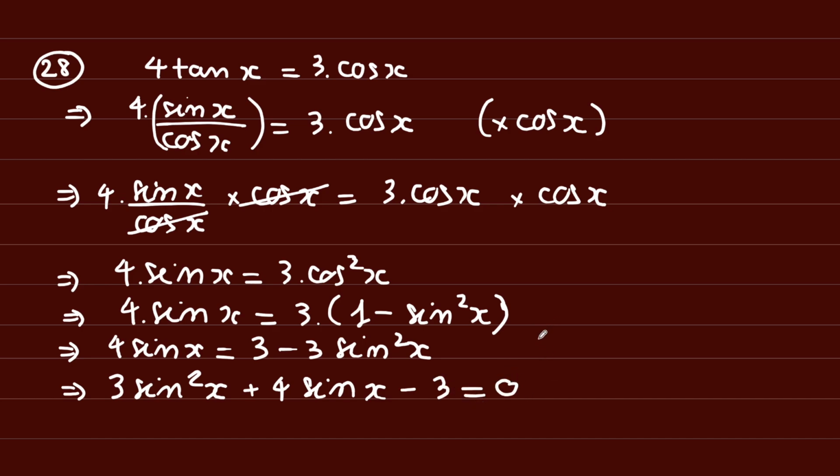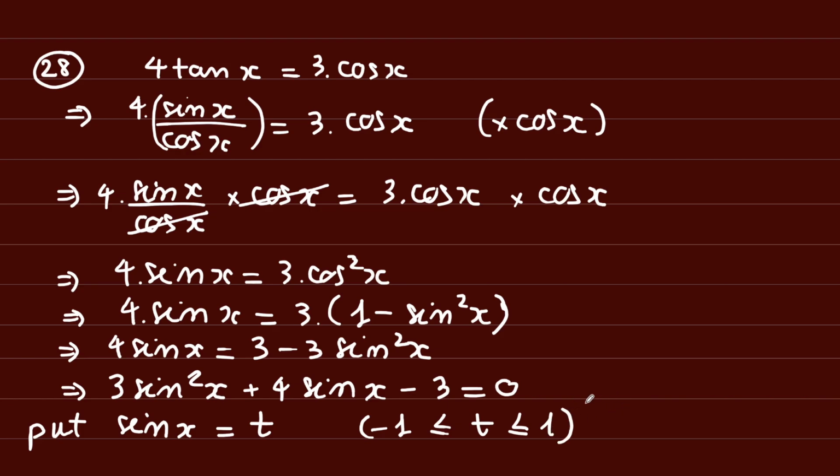About the equation here, you can put sine h equal to t, and of course the value of t has to be from minus 1 to 1. And the equation in another form: 3t squared plus 4t minus 3 equal to 0.